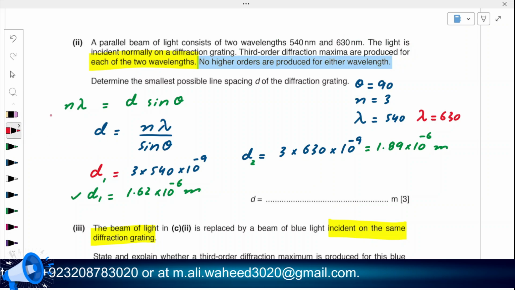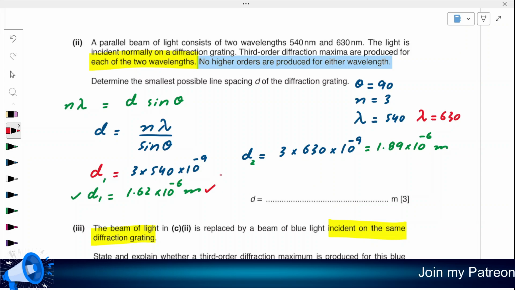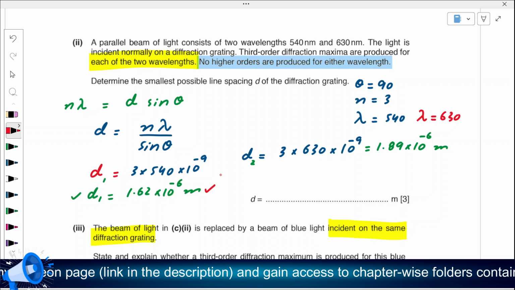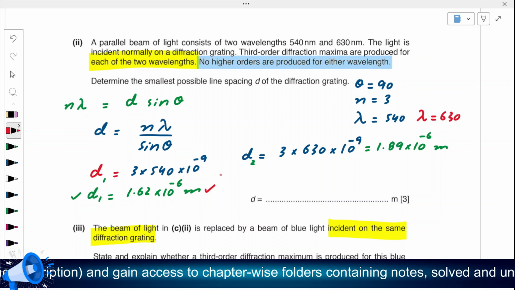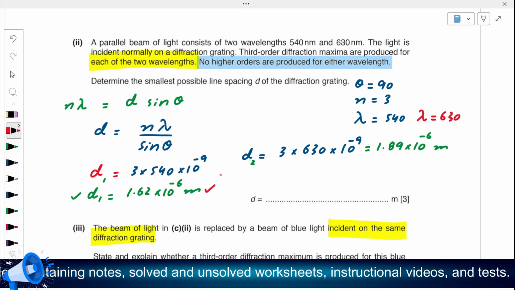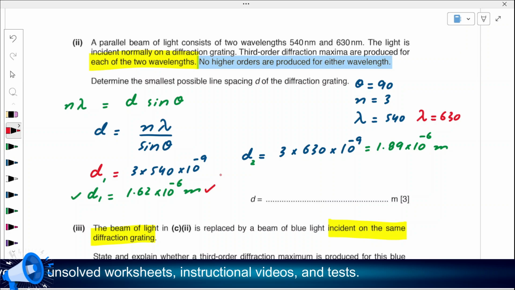So the thing is, once again I repeat, this would be our answer if the third order maxima can be produced for both the wavelengths with this diffraction grating. So how do we know? How do we know, for example, that third order maxima can be produced using this value of diffraction grating?